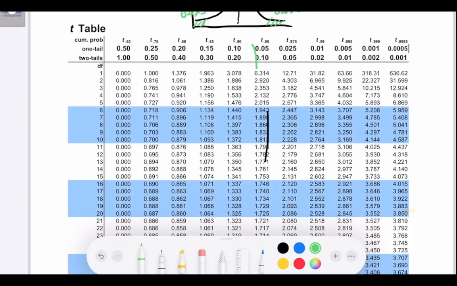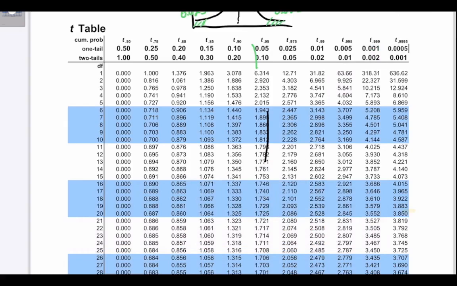Similar to exactly what we would do with the normal distribution. So now we're going to look at where that is on our T table. That is, of course, right here.